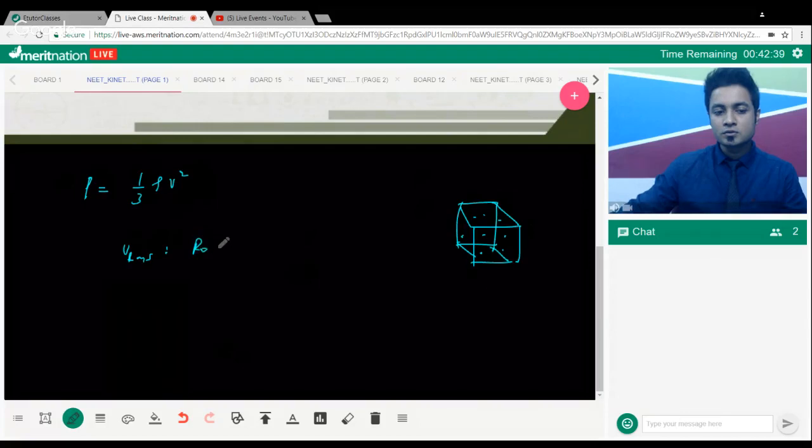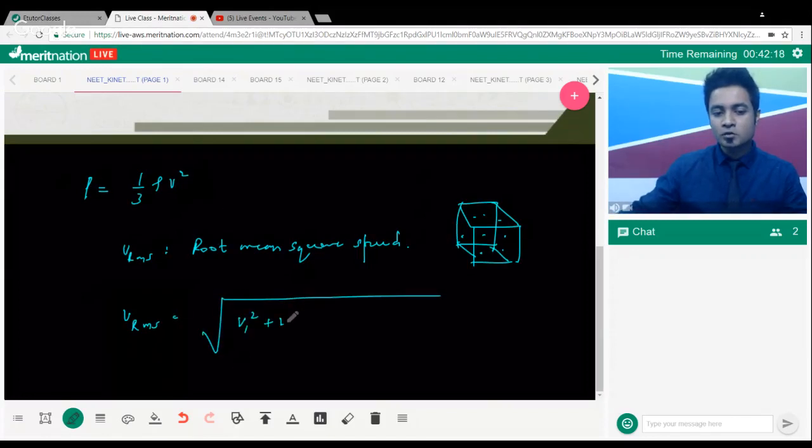This is root mean square speed. If you want to see the physical meaning of it, v rms is the square root of the average of the squares of the speeds of the individual molecules, taken over all the molecules.